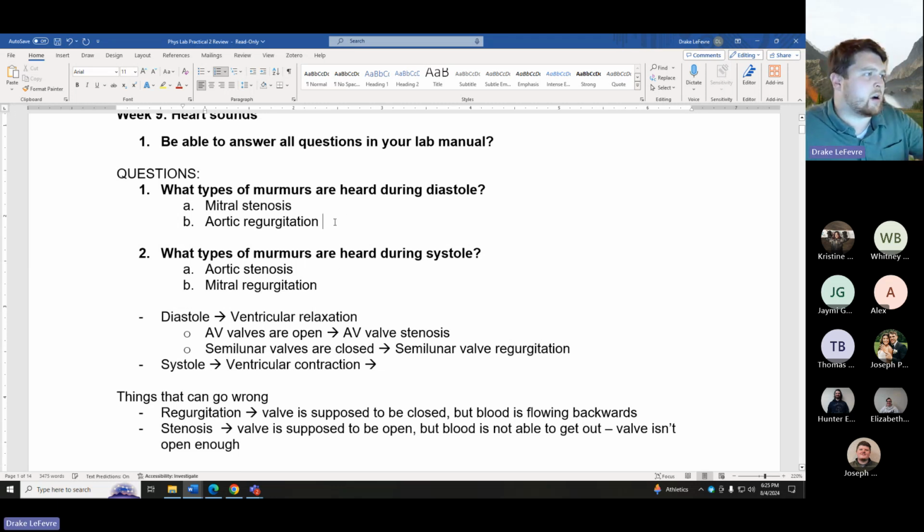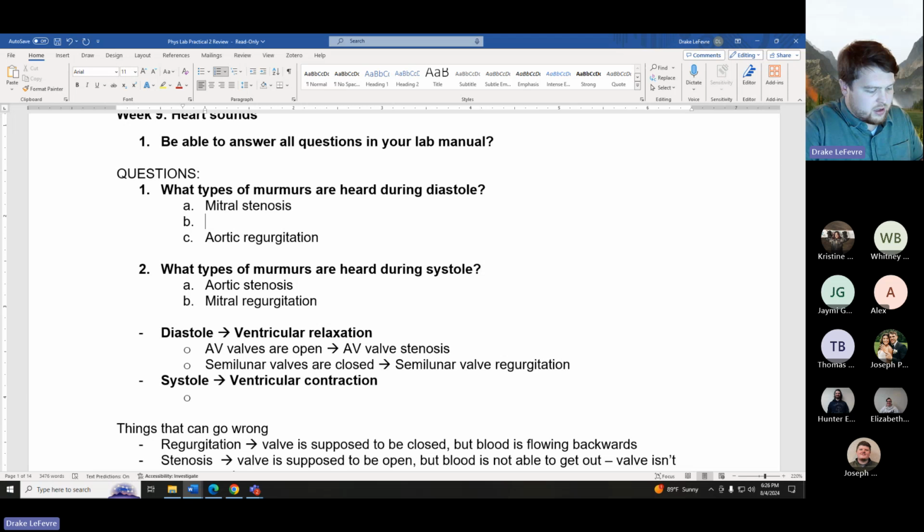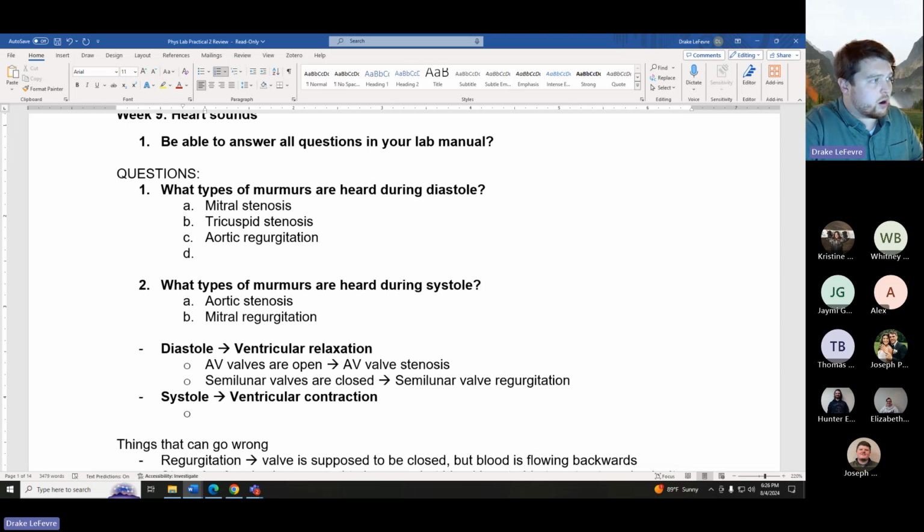Most of the answers that we talk about, we just talk about the left side of the heart, because that tends to be the side where pathology starts. So you'll hear mitral stenosis or aortic regurgitation or aortic stenosis or mitral regurgitation. But when the mitral valve is open, you could have mitral stenosis or tricuspid stenosis as well, or aortic regurgitation or pulmonary regurgitation.